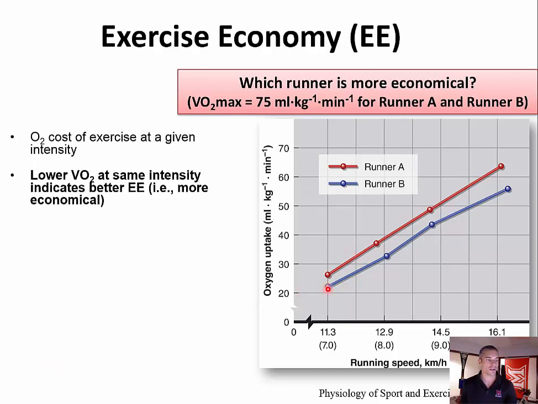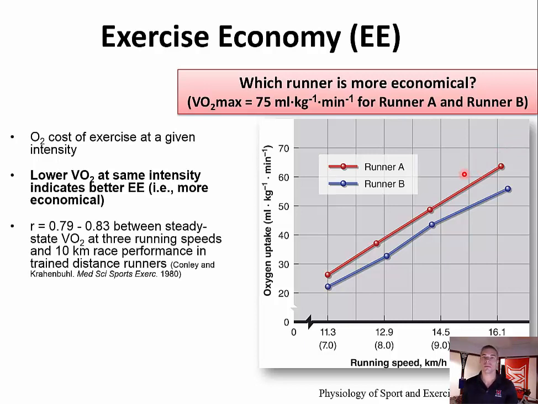So for each level of exercise intensity that you see down here, plotted as running speed, runner B is basically consuming less oxygen or less energy to run at that given speed compared to runner A. So therefore we could say that runner B was more economical or had a higher exercise economy.